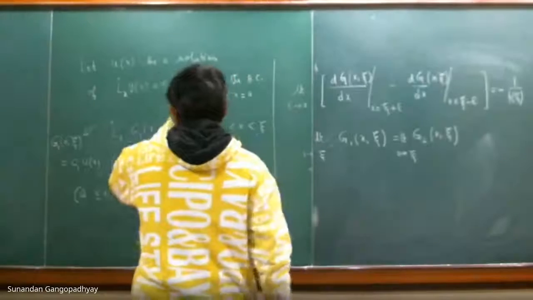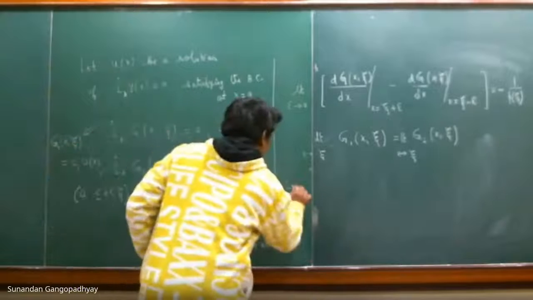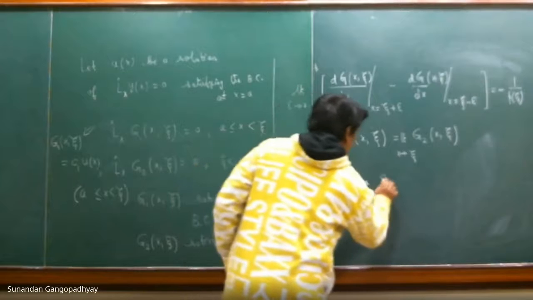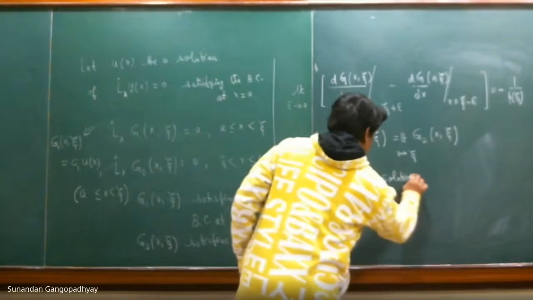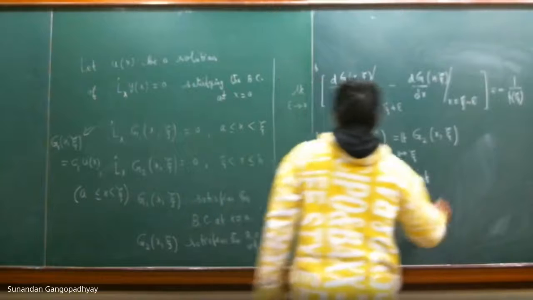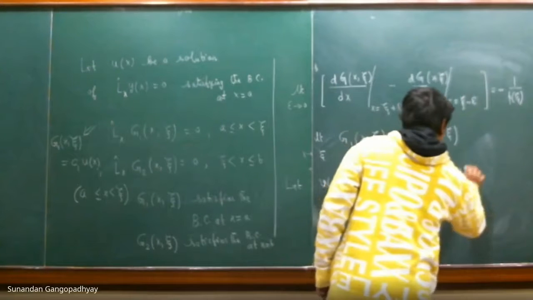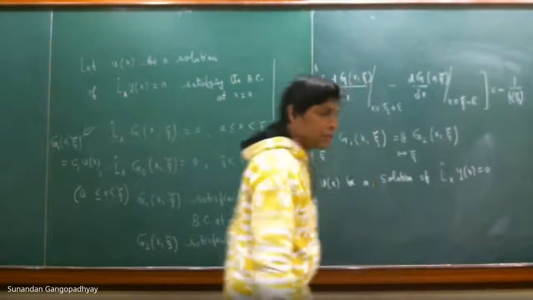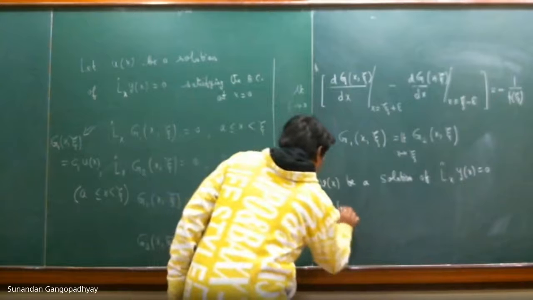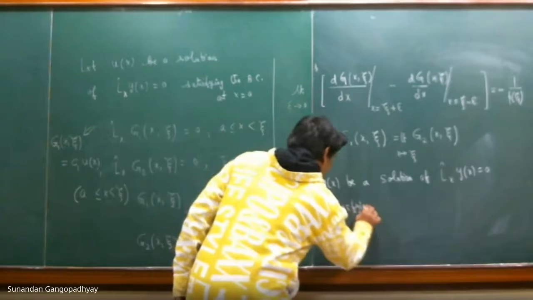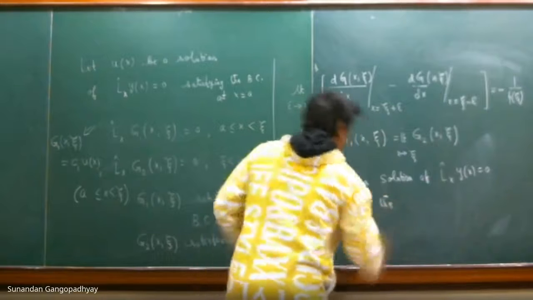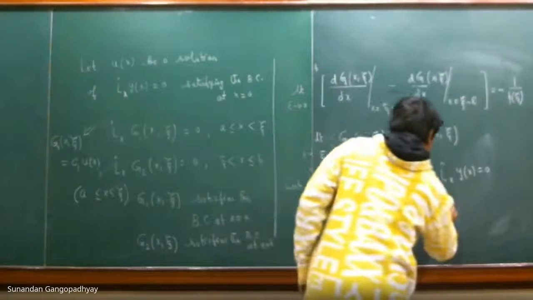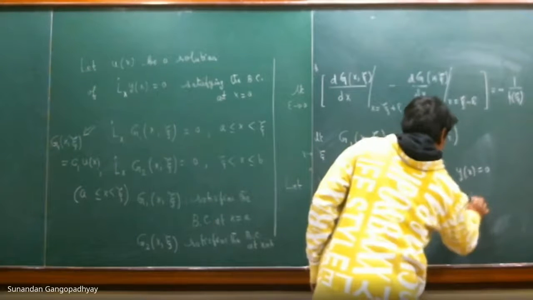Yes, sir. If this is clear, now what we will say is let v of x be a solution of L hat x y of x is equal to 0. Once again, it is a solution of the homogeneous part of the differential equation satisfying the boundary condition at x is equal to b.